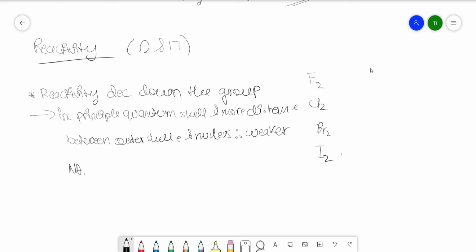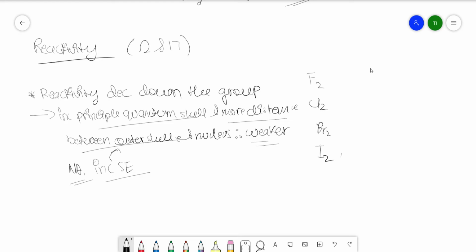You could also refer to the increasing nuclear charge. Oh yeah, and you also have to refer to increasing shielding effect. I forgot to mention, apologies. Anyway, you should say that the effect of the increasing shells, shielding and more distance outweighs the effect of increasing nuclear charge, and therefore there's a weakening nuclear attraction.